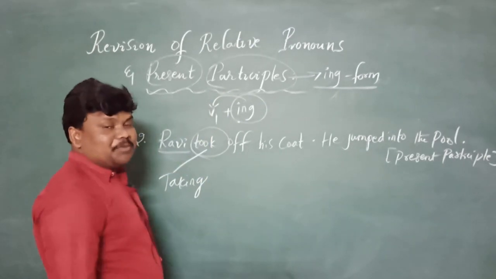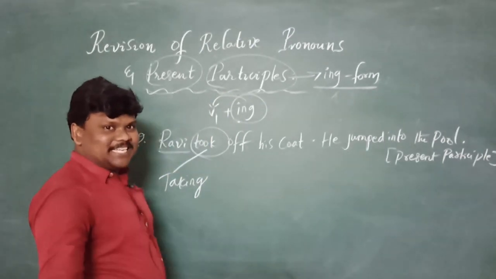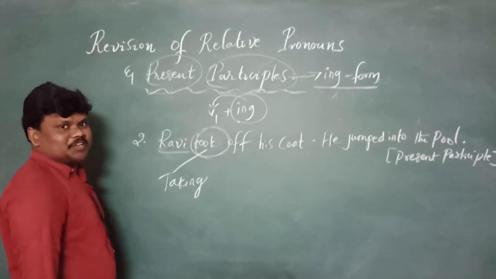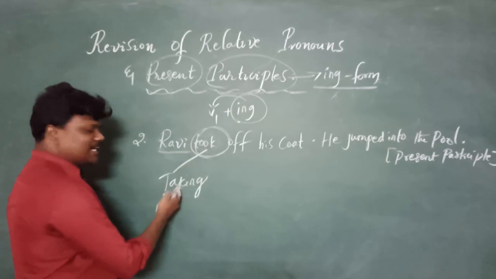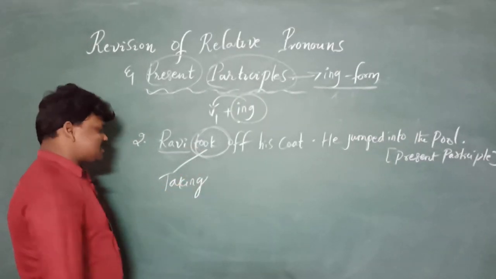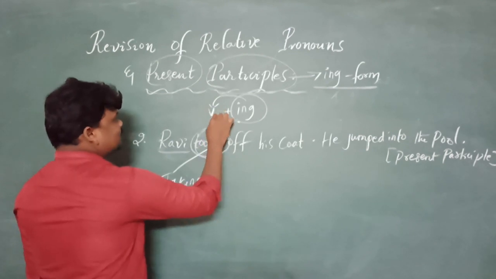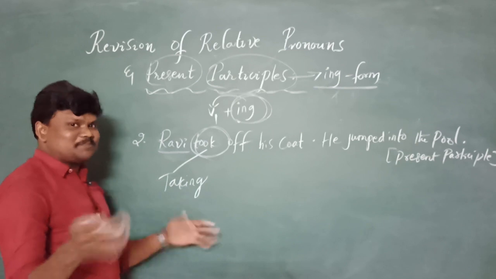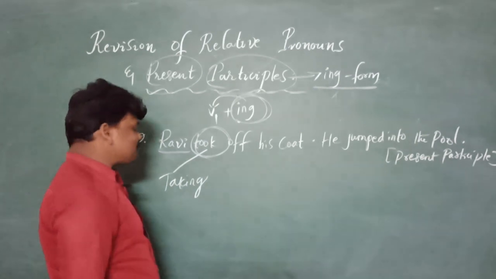So before writing ing, try to change that verb into V1. If you write 'tooking' directly, it might be wrong. Convert the main verb into V1 and add ing, otherwise your answer might be wrong. So be careful, my dears.